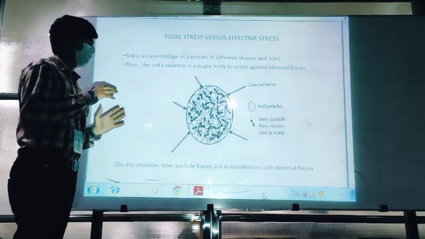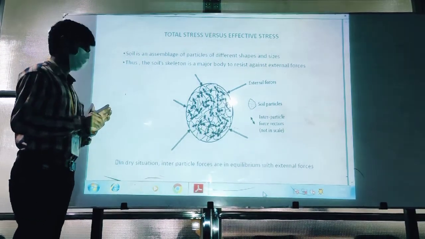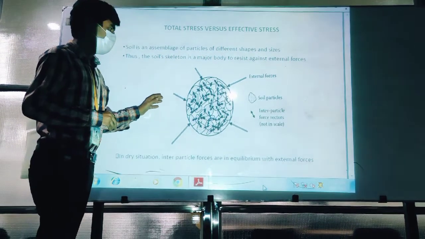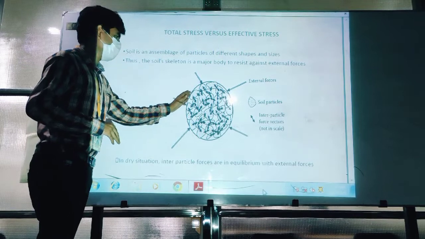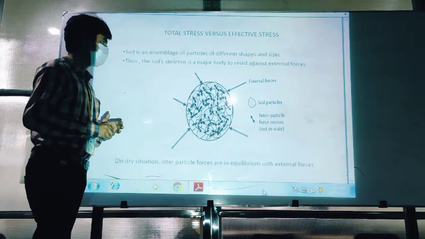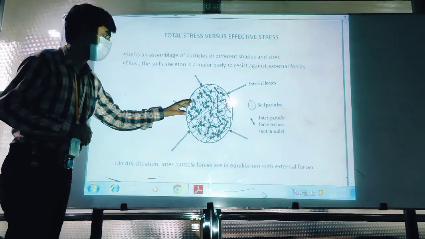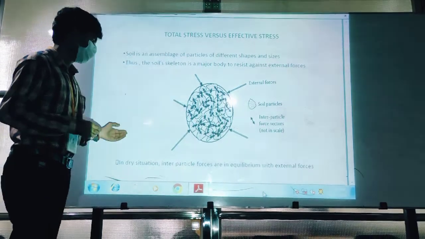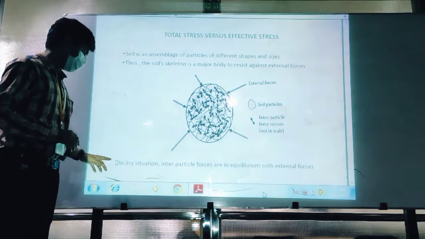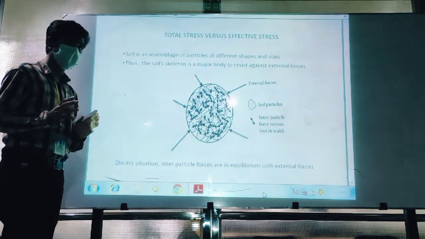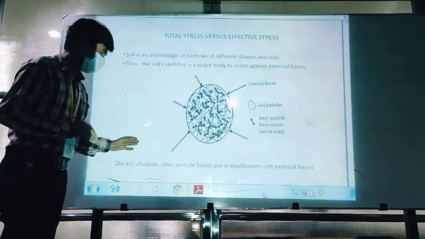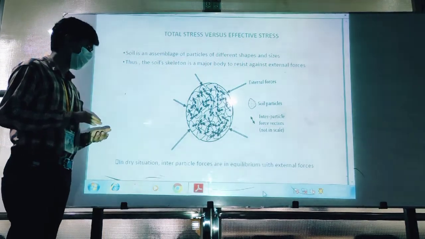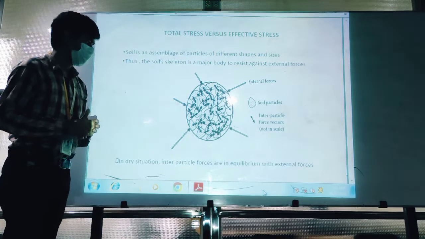When we apply external force on the skeleton of soil, because of the particles of different shapes and sizes, it creates an interparticle force vector which resists the external forces. Whether the soil is dry or saturated, interparticle forces are in equilibrium with the external forces. The interparticle forces are at the same level as the external forces.